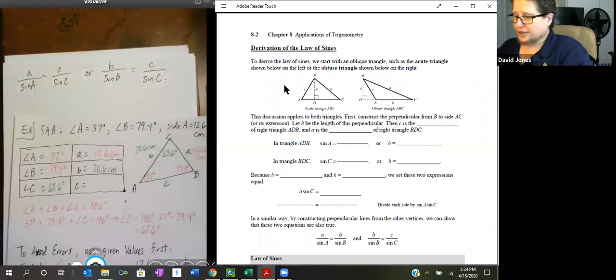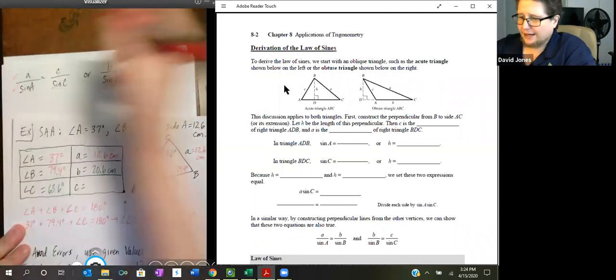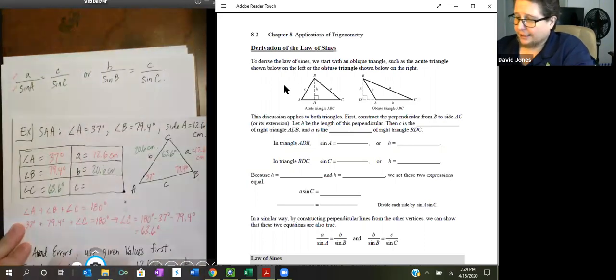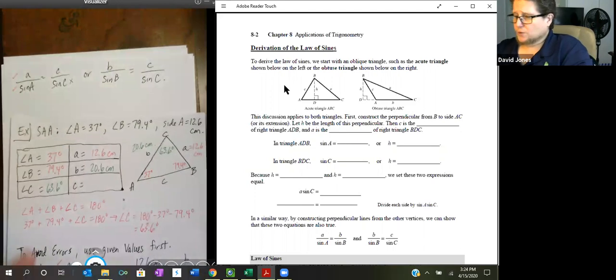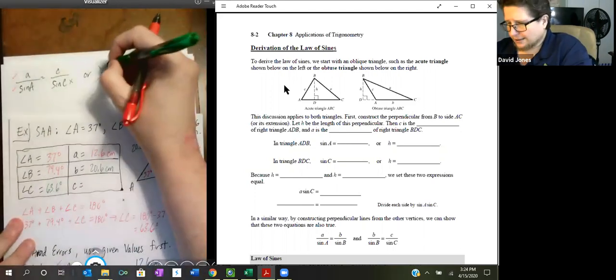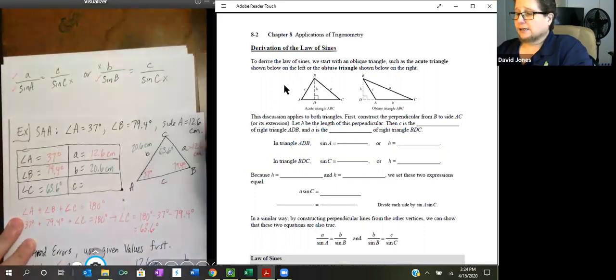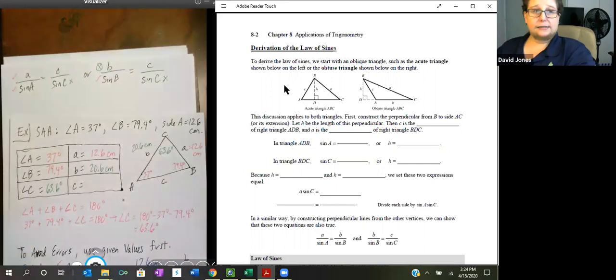In equation A, the first one, this one's given, this one's given, this one's calculated. In this one, this one's given, this one's calculated, this one's calculated. Not only is this one calculated, B was rounded.